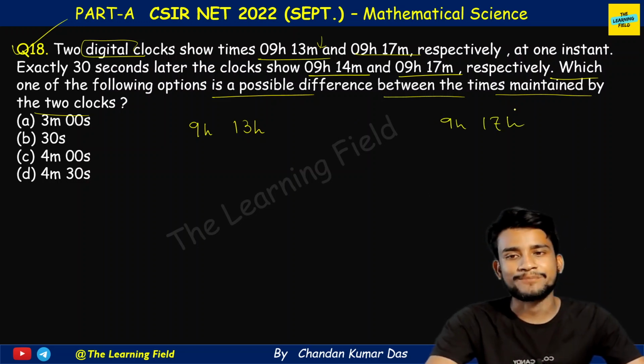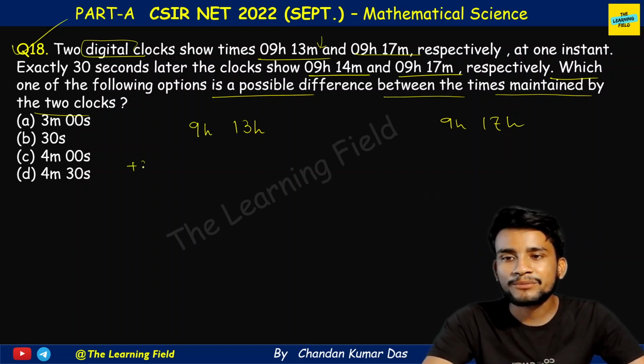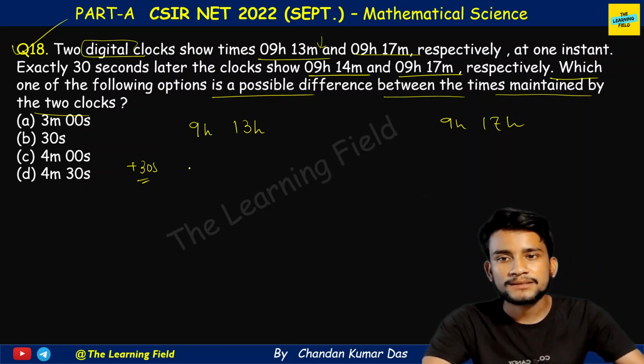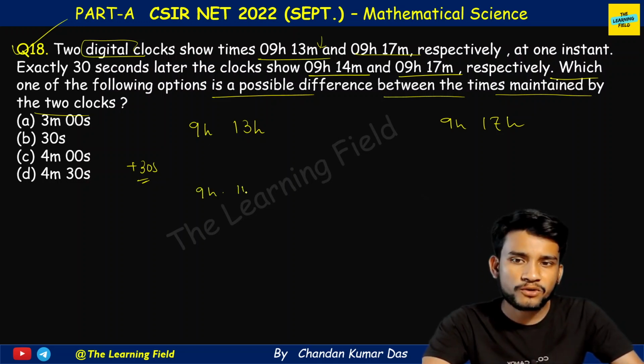Let us assume something here, and exactly 30 seconds later the time of this watch should be 9 hours 14 minutes.